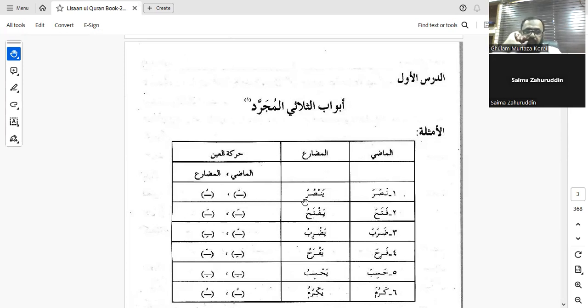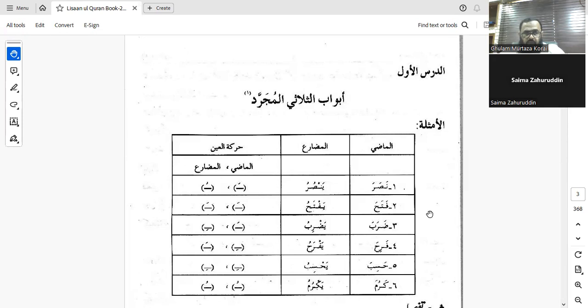Okay, sir. Clear or not? Yes, sir, it's clear. Alhamdulillah. So for the sake of repetition and for the sake of reinforcement, in abwab thulathi mujarrad, we have got six chapters. And their awzan keep changing.